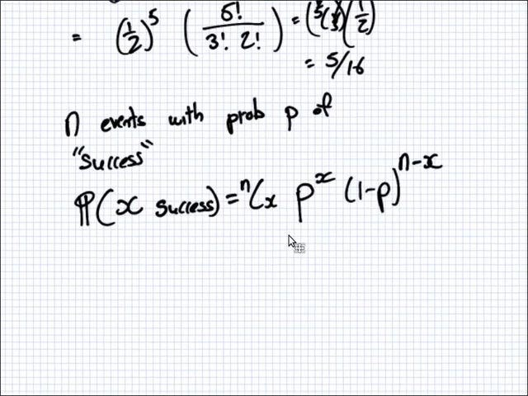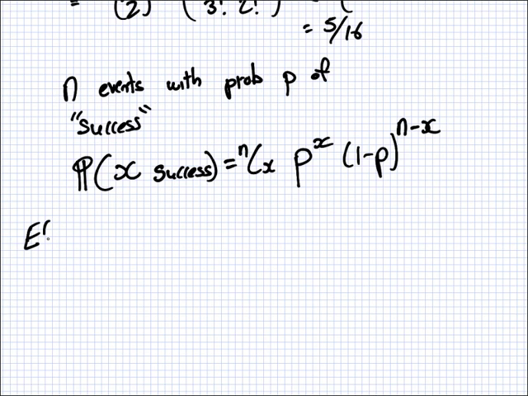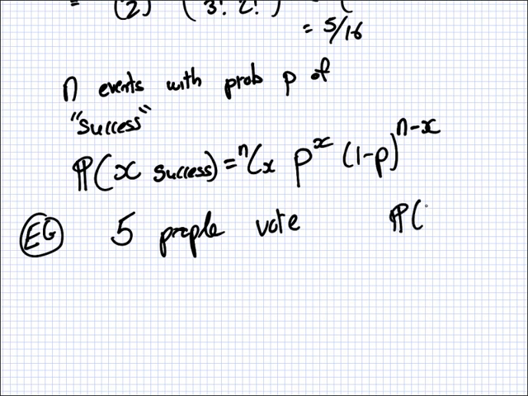I'll give you an example using this. Let's say 5 people are voting, and the probability that an individual votes yes is 2 over 3. My question is, what's the probability of getting 4 yeses from the 5 people?